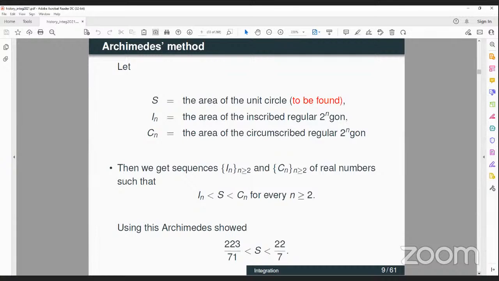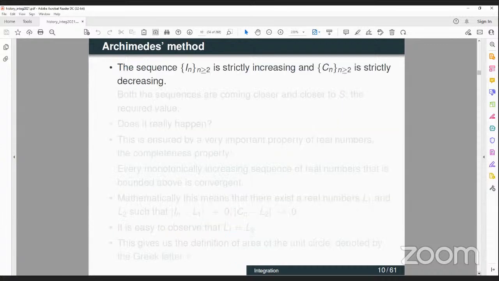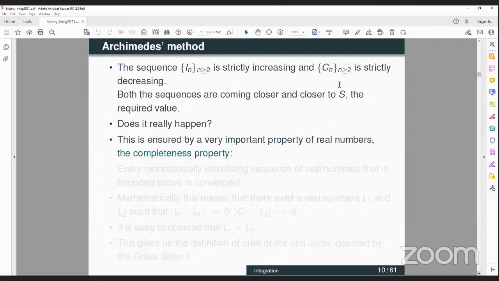And where does modern mathematics come in? The idea is that Cn minus Ln goes to 0. We can show that as we increase the number of sides, the inscribed polygon areas Ln are increasing and the Cn's are monotonically decreasing. They are bounded sequences.